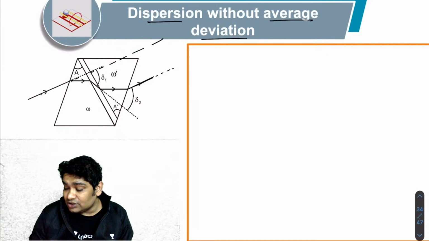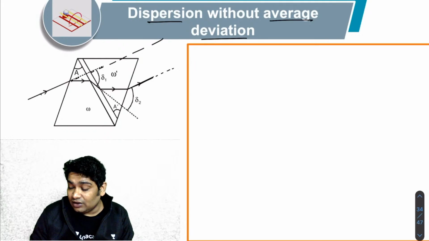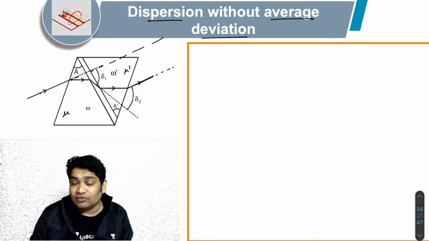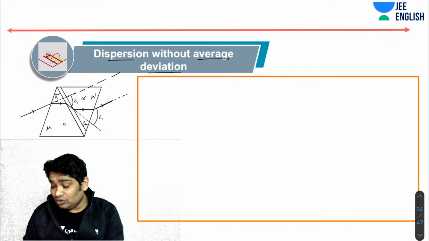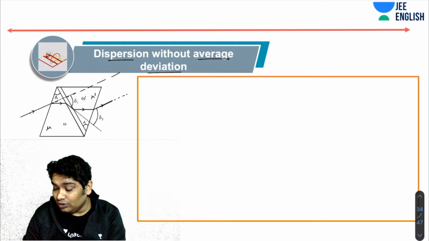So let's assume that this prism has an angle of A and this one has an angle of A dash, and this one has a refractive index of mu and this one has a refractive index of mu dash. Okay, so what can I say for yellow?